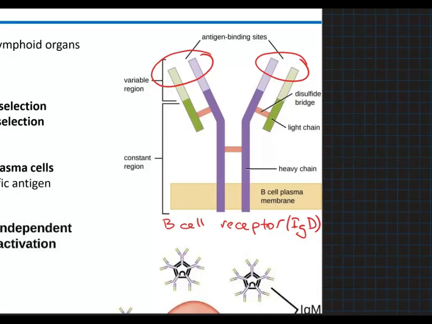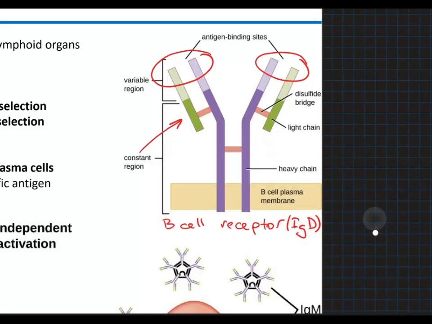All right? So these receptors, these immunoglobulin D molecules that are embedded into the cell membrane of B cells, are pre-synthesized and will be able to recognize a wide variety of antigens, but each B cell has its own unique specificity.